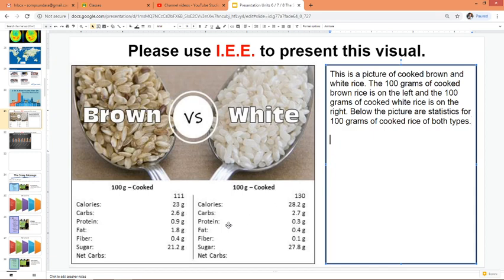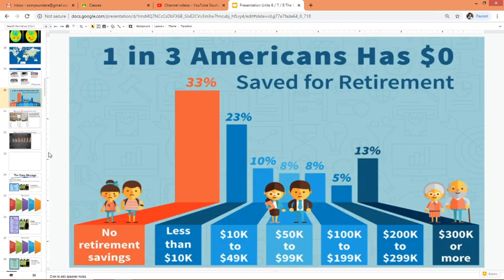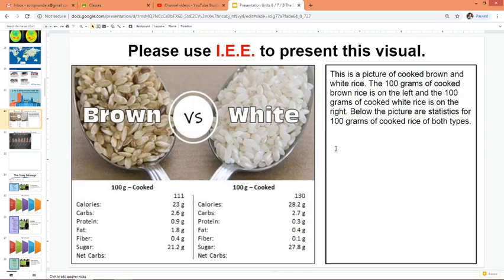For me, I'm looking at the calories. 100 grams of cooked brown rice only has 23 grams of calories, whereas the white rice has 28.2. Carbs, proteins: brown rice has more protein. Brown rice does have more fat, fiber, sugar.